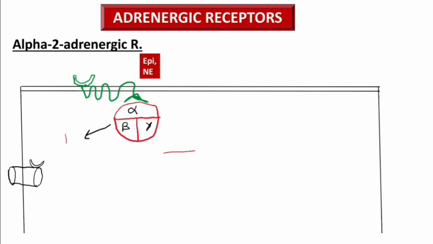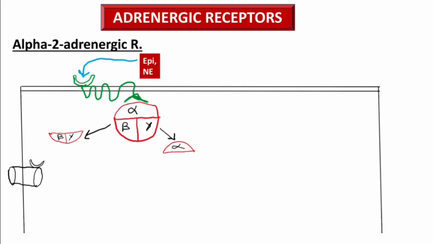When epinephrine stimulates this receptor, it will release two parts. The first part is the alpha subunit, and the second is beta and gamma together. For now, let's stop here.